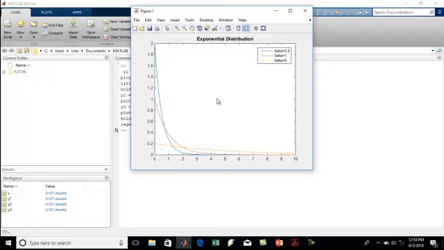When the beta is 0.5, I have a blue line here. When it is quite a big beta, which is 5, you can see that the exponential function goes down more. And here the red line is for a beta of 1. So what you see is as your beta increases, the tailing also increases.